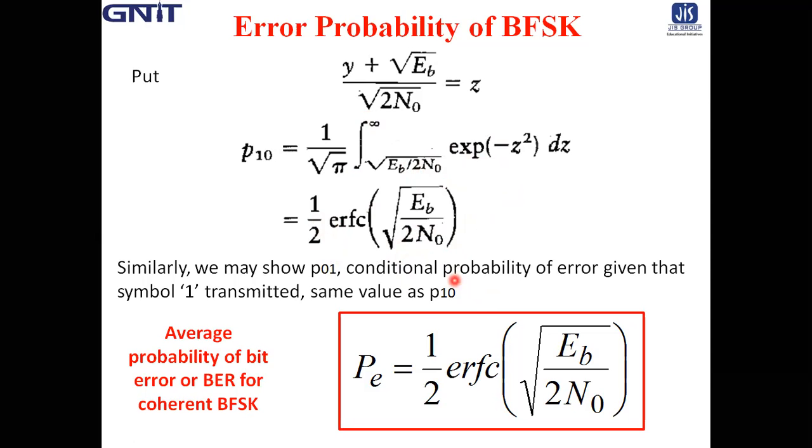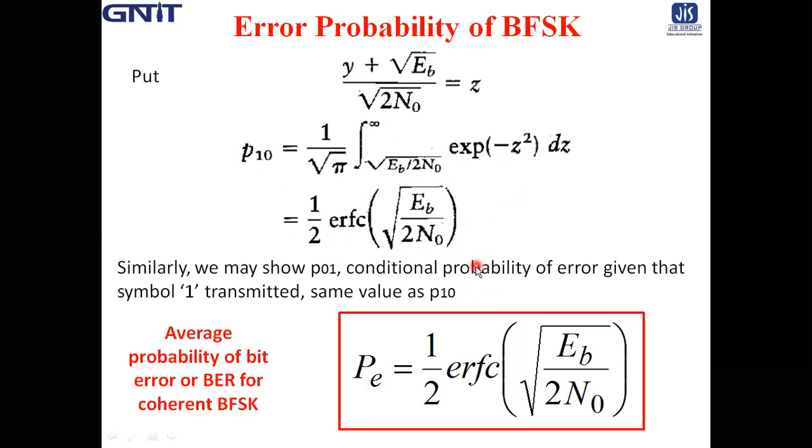Similarly, we may see that P01, the conditional probability of error given that symbol 1 was transmitted, has the same value as P10.